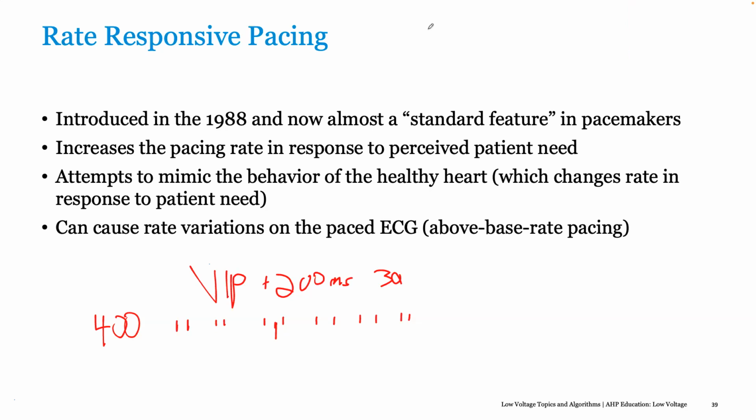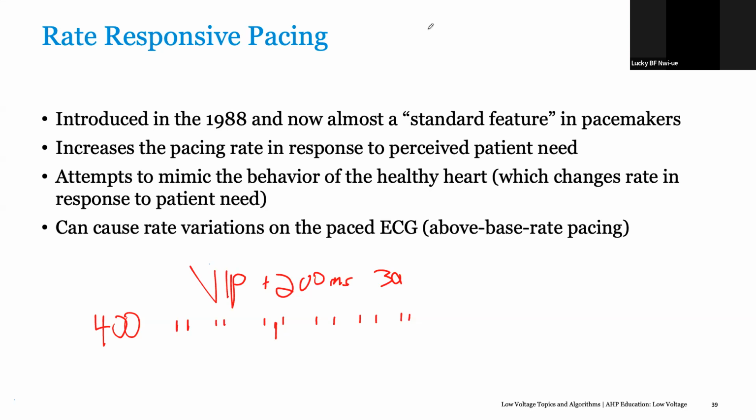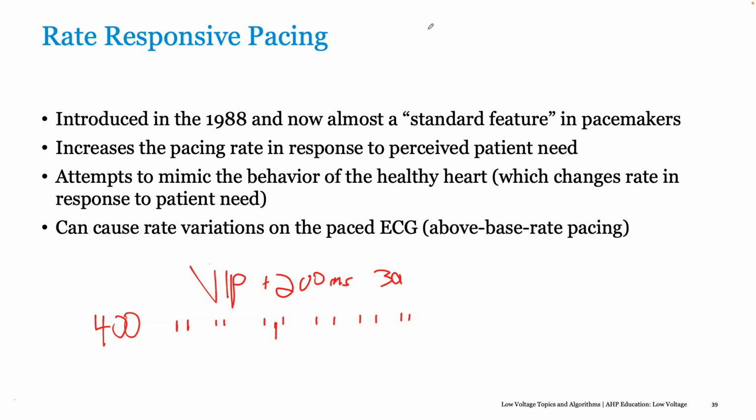In some of the older devices they don't have it. So in some of the older Medtronic devices that don't have the AAI to DDD mode switch, Medtronic has a thing called Search AV. It's very similar to Abbott's VIP. So any devices you guys are getting in Africa that don't have the AAI to DDD mode switch, you will have to look for something called Search AV, and it's very similar.